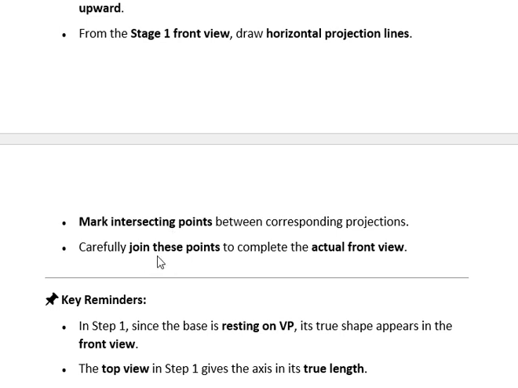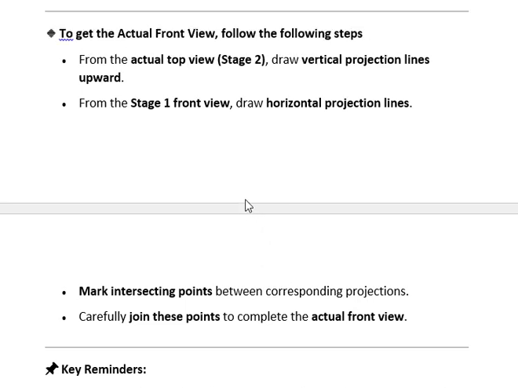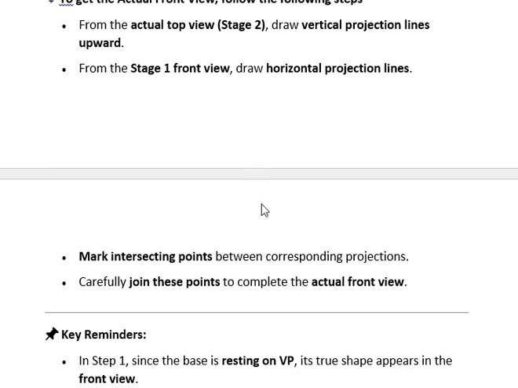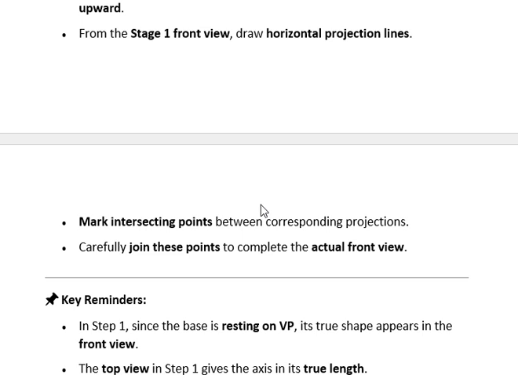Then finally carefully join these points to complete the actual front view. In stage 2, whatever shapes we have got in front view and top view, above XY and below XY, that is the actual view of the object based on the given problem. So this step-by-step procedure we have to follow for solving problems in projection of solids.